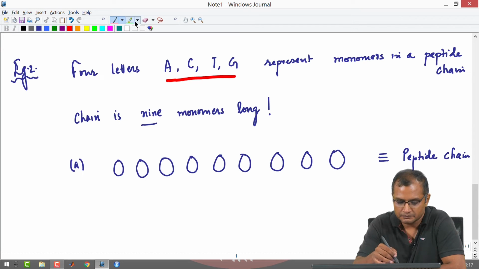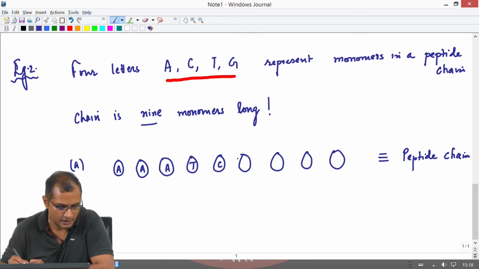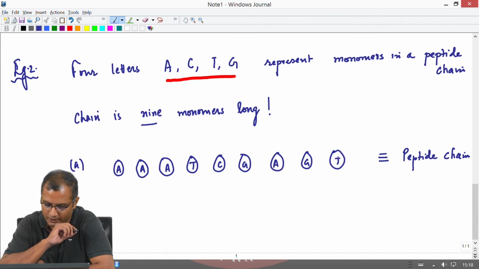Now, the question here is, what is the probability of finding a sequence A, A, A, T, C, G, A, G, T, okay.